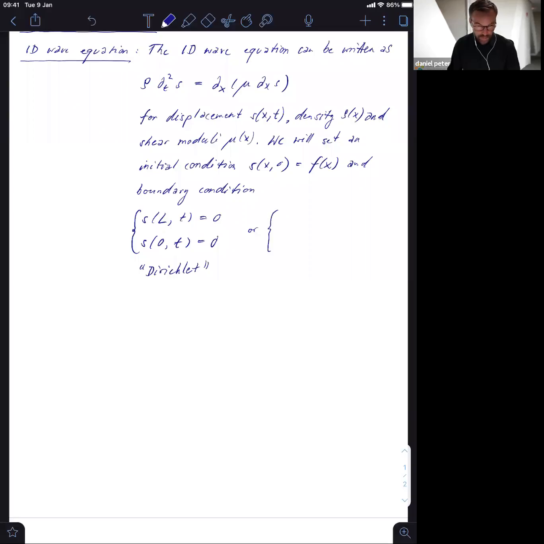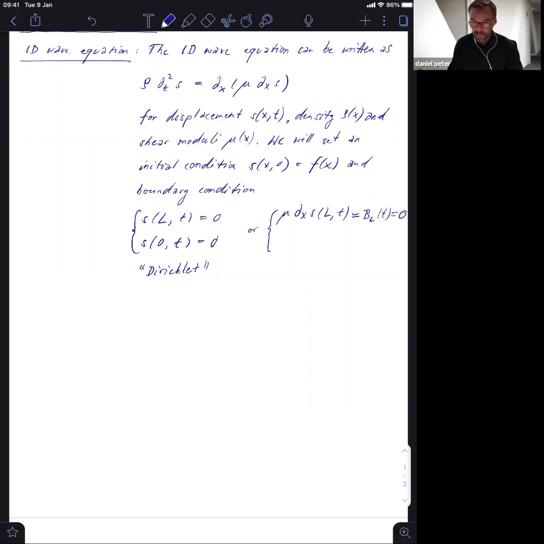Or the Neumann boundary, where we fix the derivatives at these points. Again, this could be, for example, a boundary function that we would define for each time if we want.